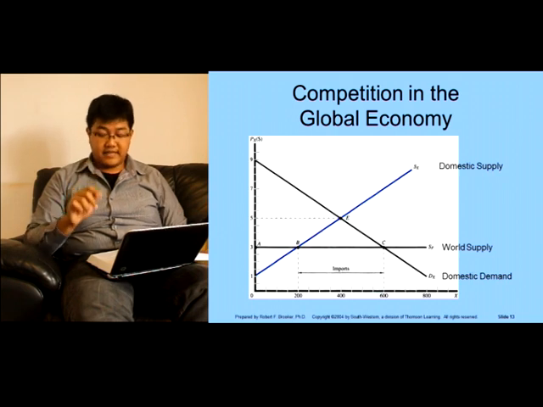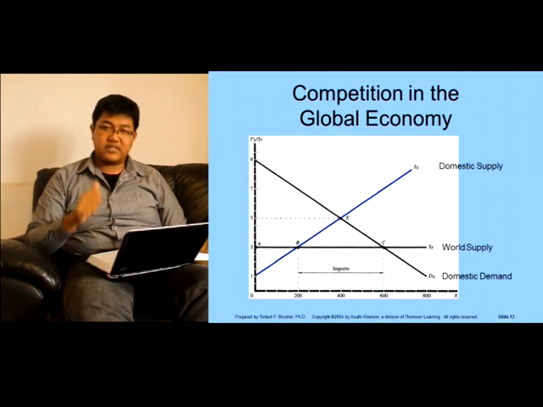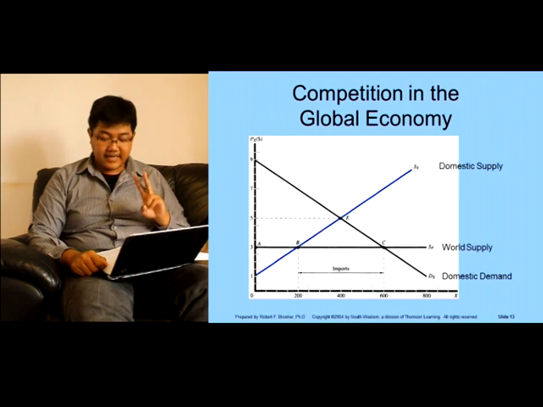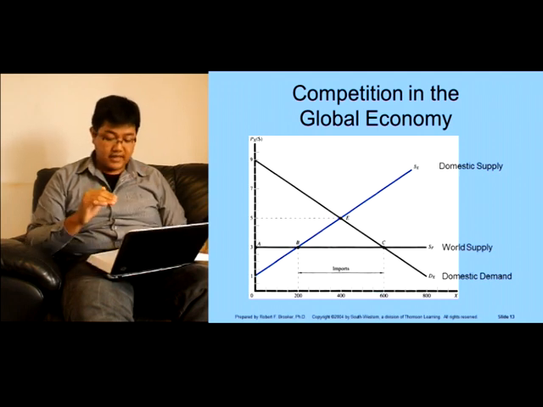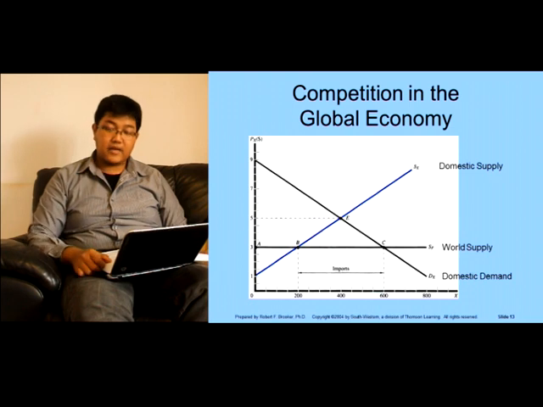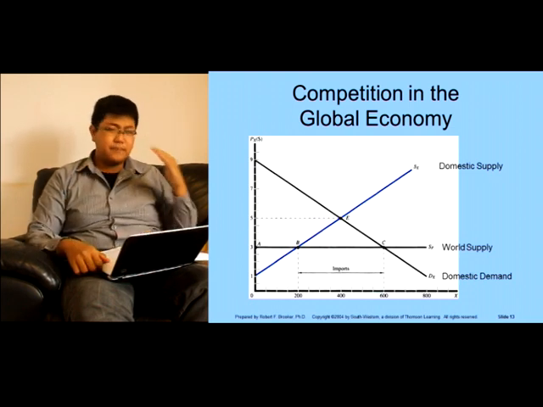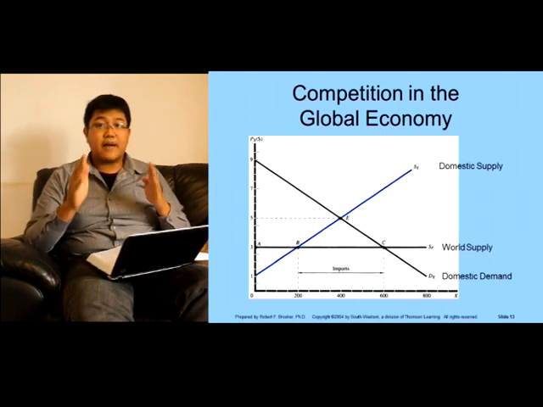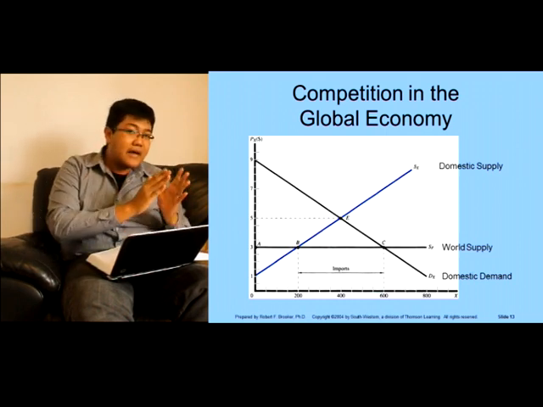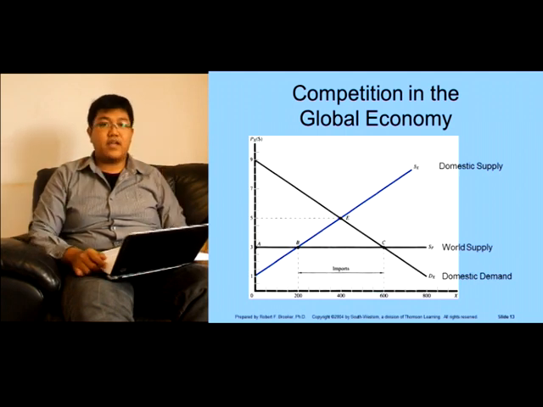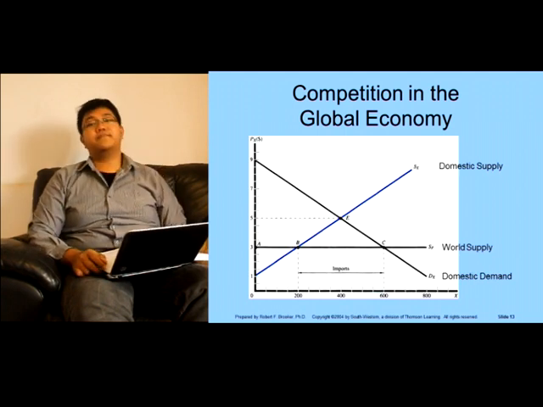But with free trade, at the world price of Px equal to $3, domestic consumers purchase AC equal to 600x, of which AB equal to 200x is produced domestically and BC equal to 400x is imported. So, because of free trade, the price is lower, and some is produced domestically and some is imported to get the best world price in the global economy.